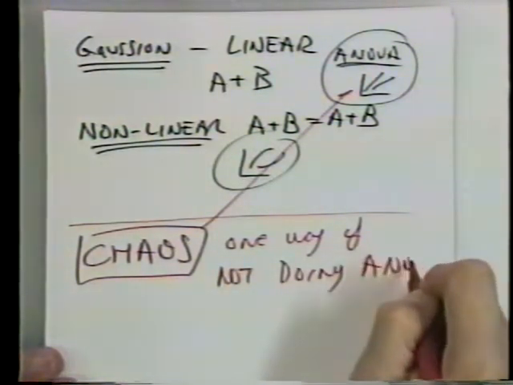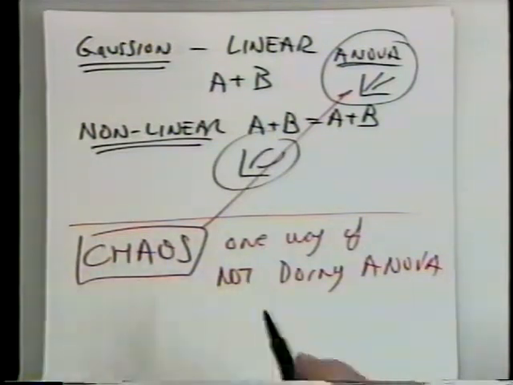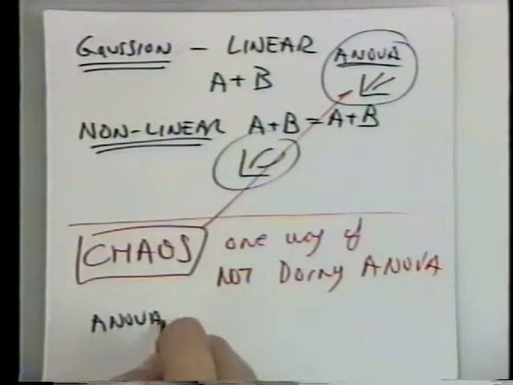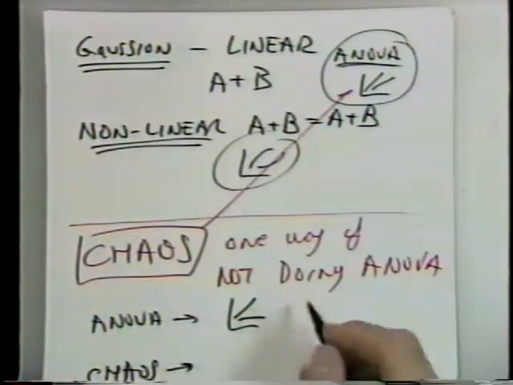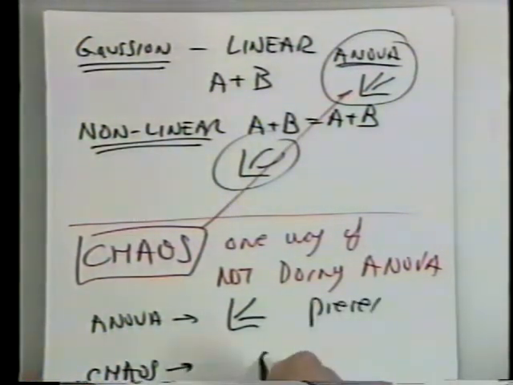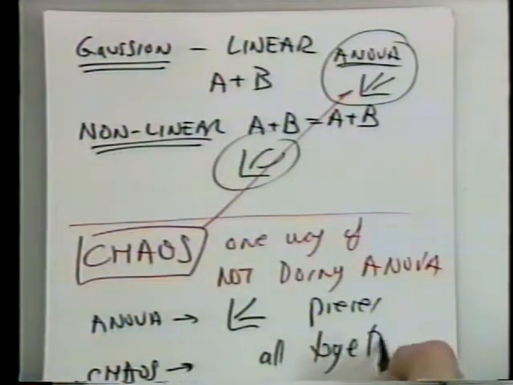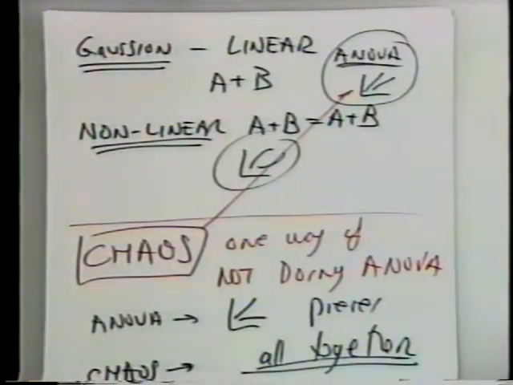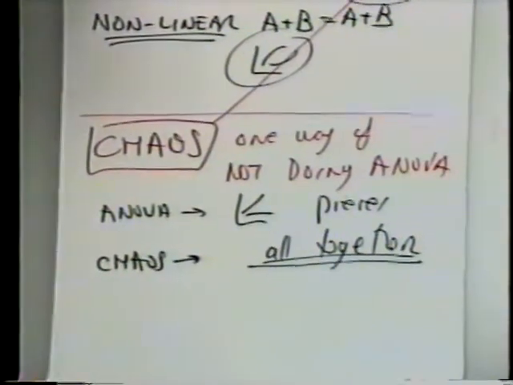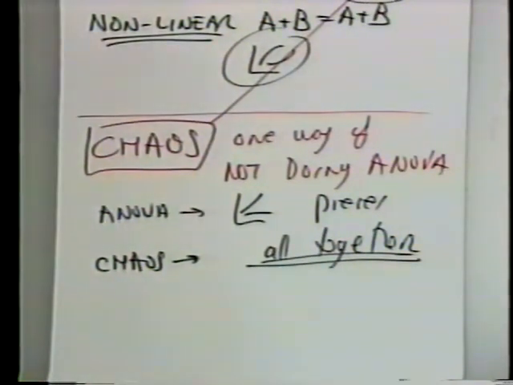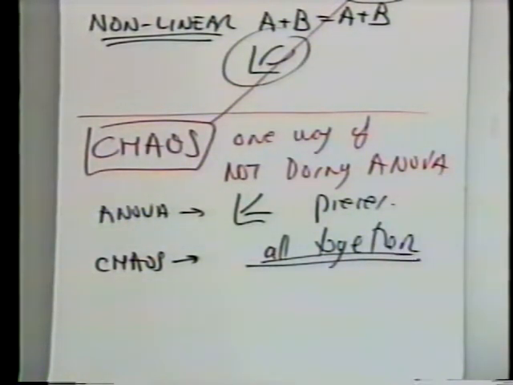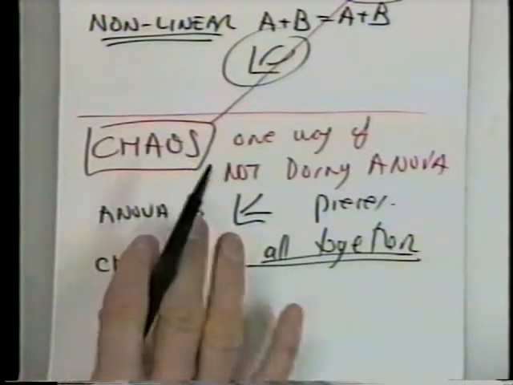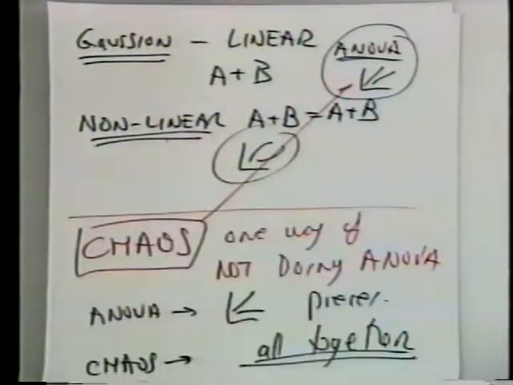If the ANOVA tries to separate things into pieces that we evaluate separately, then some of the chaos analysis can evaluate everything all together. It allows us to get at different properties of the system in a global way instead of trying to cut it up into smaller and smaller pieces. And we'll see that chaos, therefore, also provides a different nonlinear approach to the ANOVA.